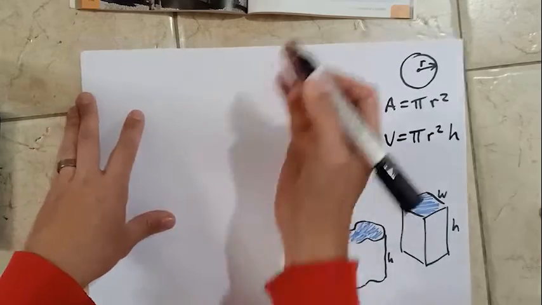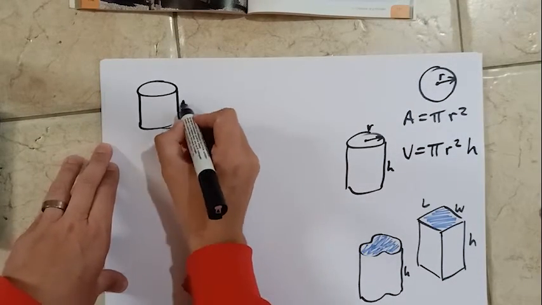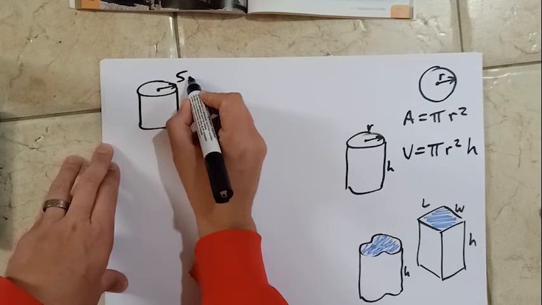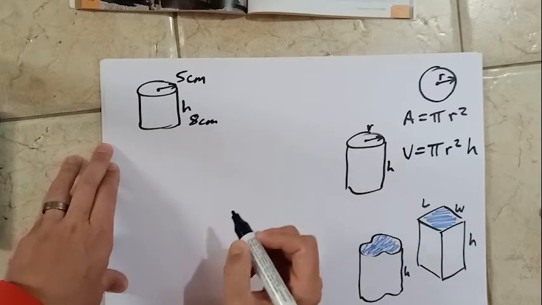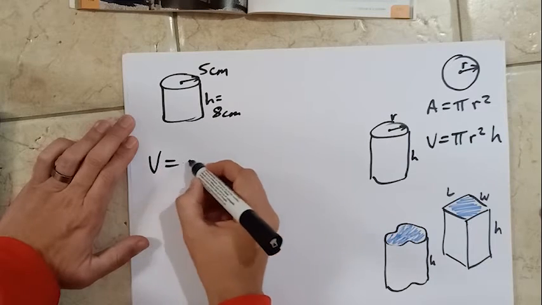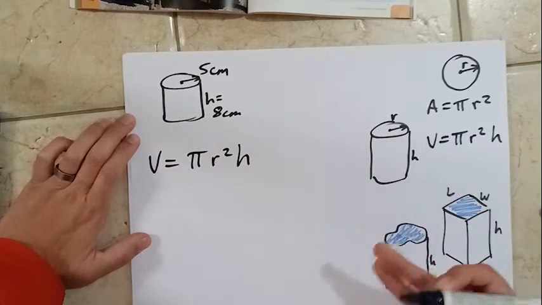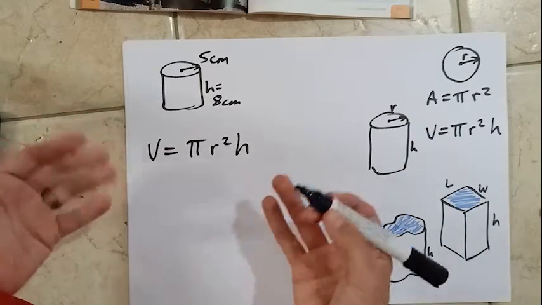Okay, let's do a couple of simple examples. The radius in the first example is 5 centimeters and h is 8 centimeters. So the volume equals pi r squared h. Please write the formula out each time you do these questions. That will really help you remember, even though I said you don't need to remember.